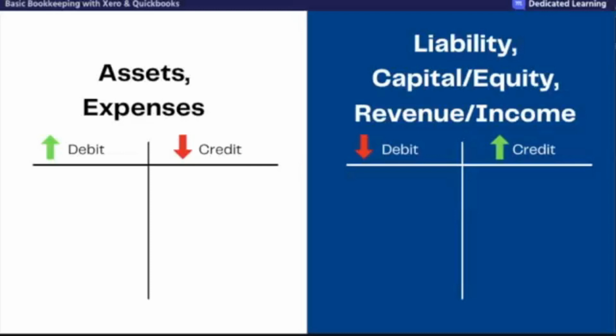If it decreases it, it's a credit. On the other hand, for any liability, capital or equity, or revenue or income account, if a transaction decreases it, then it's categorized as a debit. And if it increases it, then it is categorized as credit.